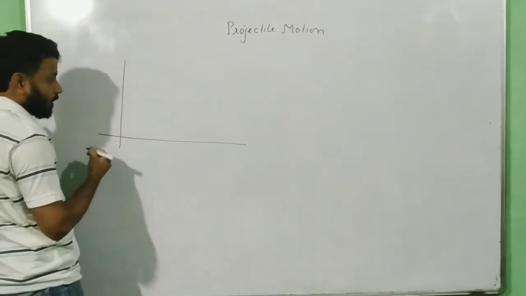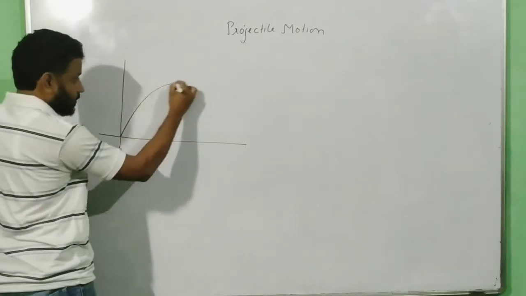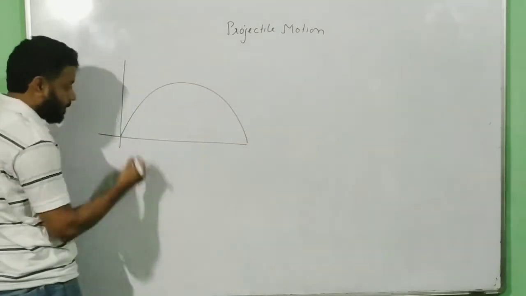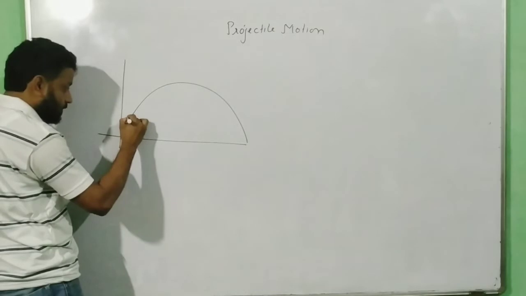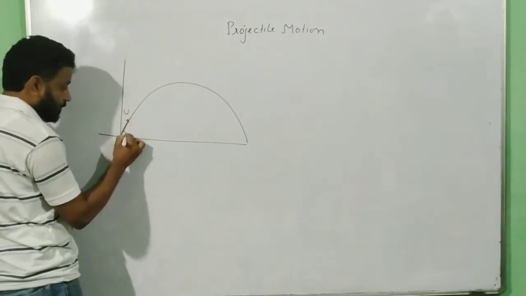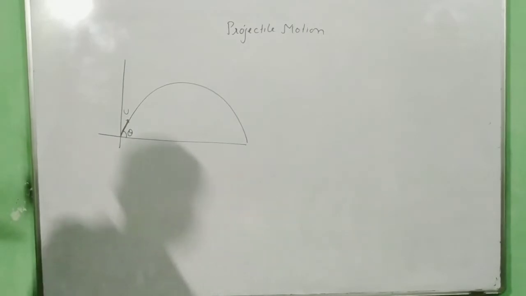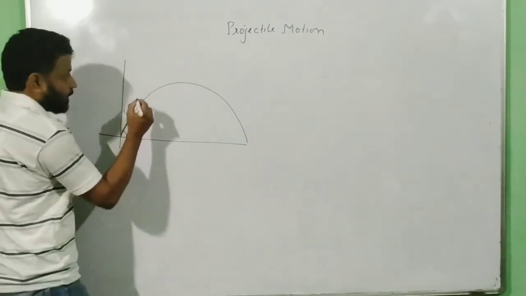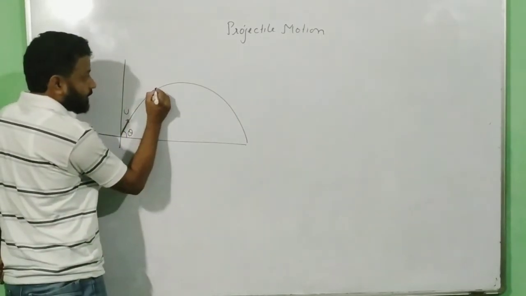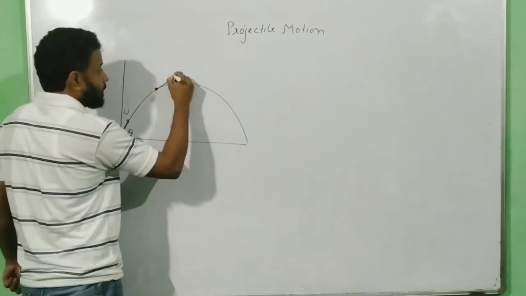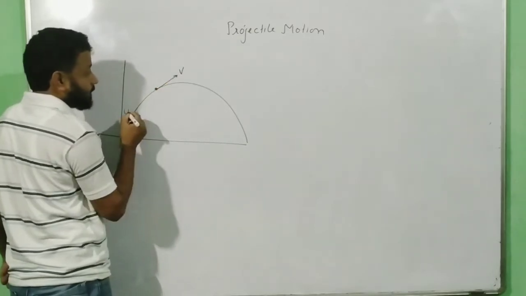Let us say this is your projectile motion, and this is the initial velocity u, which makes an angle of theta. Let us say when the projectile reaches over here, it has a new velocity called v.